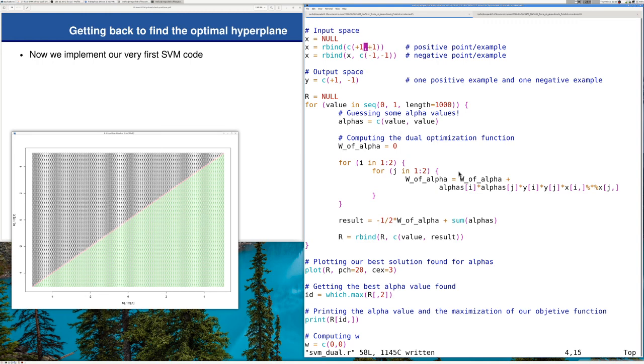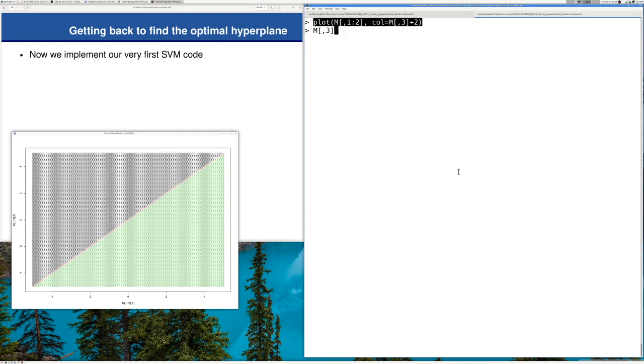Instead of being +1, +1, and -1, -1, what would happen if this is also positive, and this is also positive in a different place of my space, like +5 and +5? Just imagine this. Would I have the solution? I'm going to run it for you.